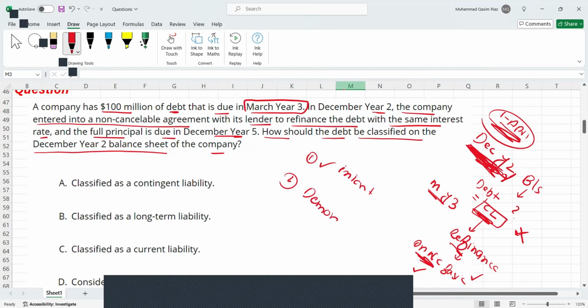Second thing, the company has demonstrated that intention to refinance, and how can it be demonstrated? By entering into the agreement, and the company has entered into the agreement, right? Non-cancelable agreement. If these 2 conditions are met, then that current liability can be shown as non-current liability. It means we need not show that liability as current, so we can show it as a non-current liability.